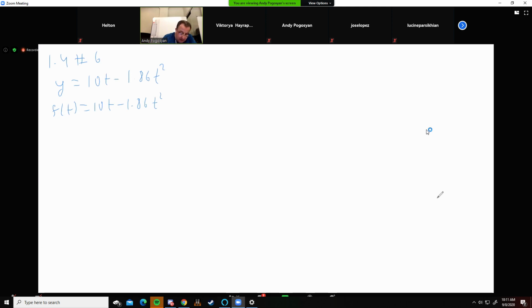Now the average velocity is f of t minus f of a over t minus a. In our case, a equals 1. So we have f of t minus f of 1 over t minus 1.